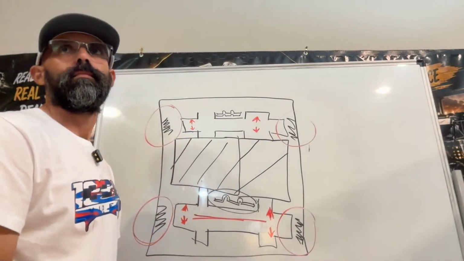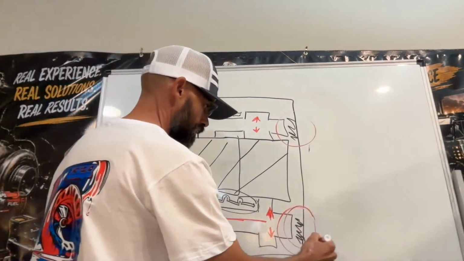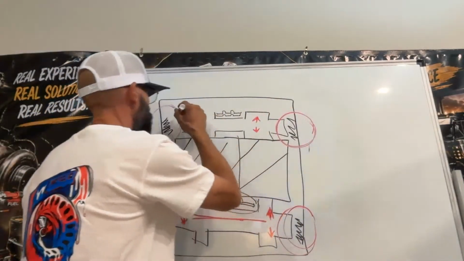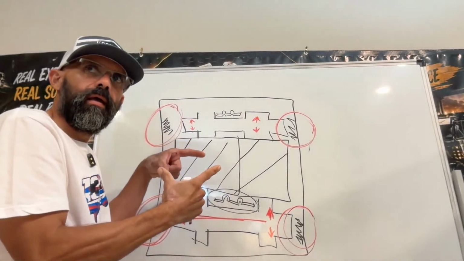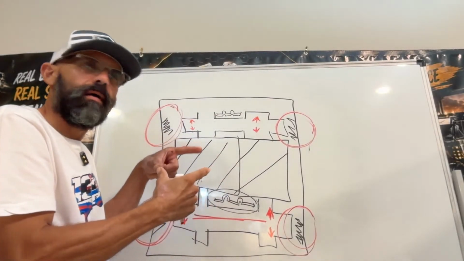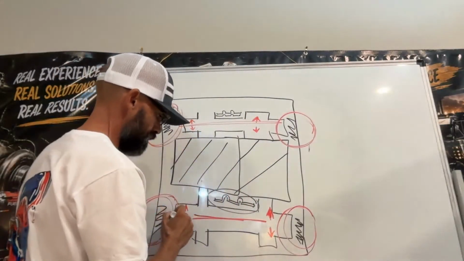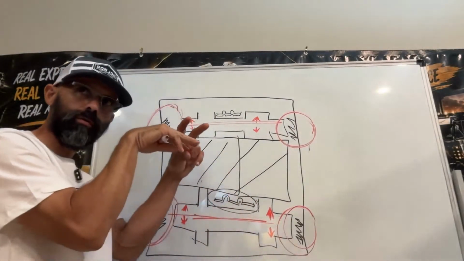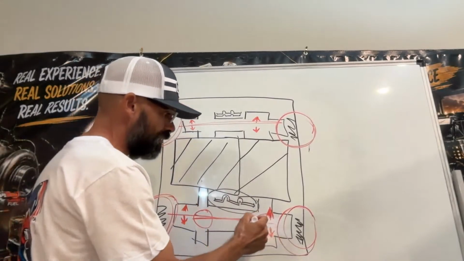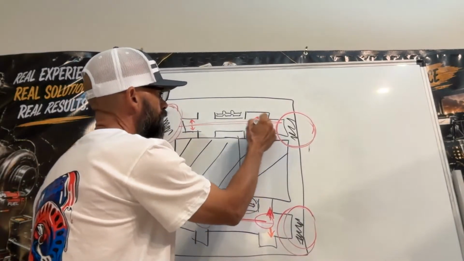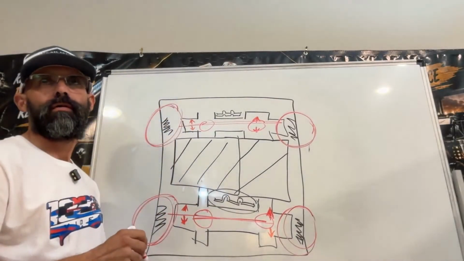That's why you have scrape marks right here, because it expands and retracts. This place right here is where the shaft of the gear goes through, and they have brass inserts right here for the shaft. That's why you have scrape marks.